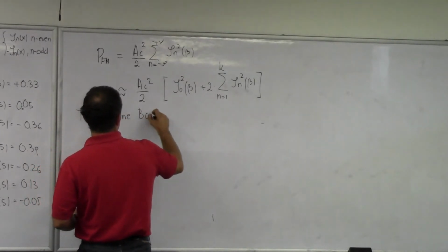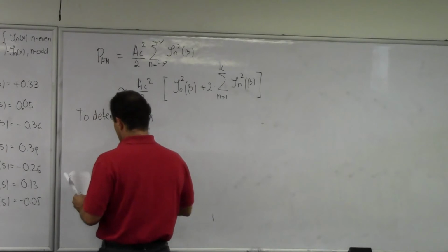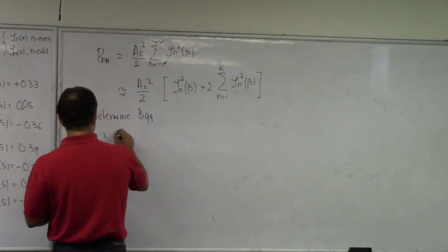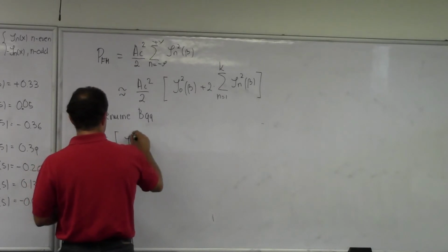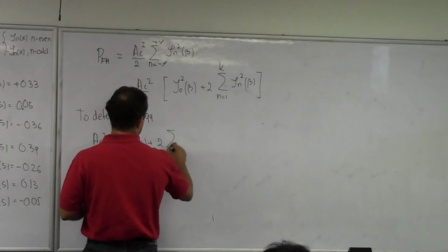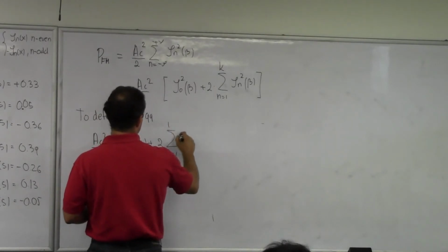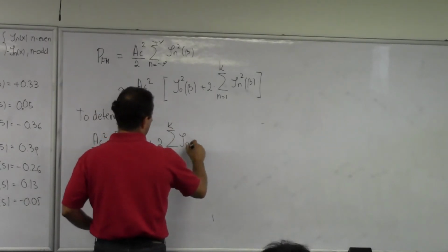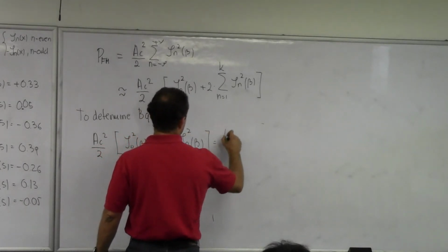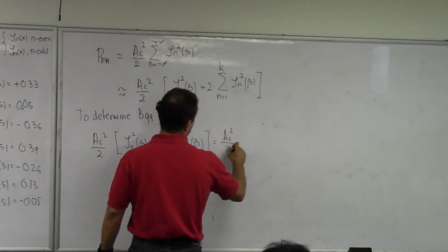B is 99, we say something like this: Ac squared over 2 times the sum of J0 squared of beta plus 2 times the sum when n goes from 1 to k of Jn of beta squared has to be equal to Ac squared over 2.